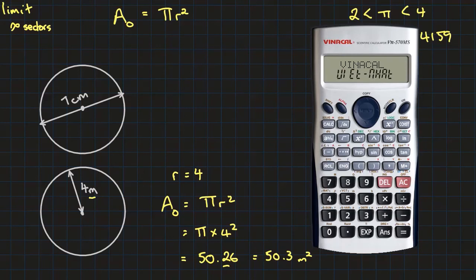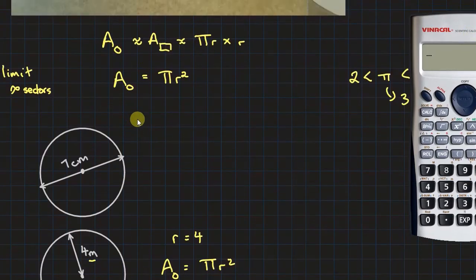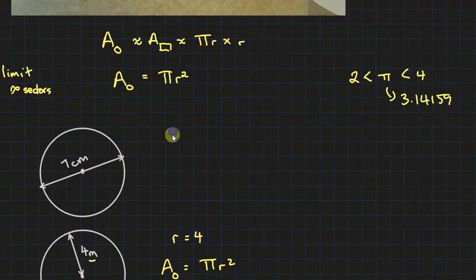Oh, actually, I need to turn it on because we need to do the next calculation because I skipped one. So we're going to go back to this one. And the question is, what have I been given here? Oh, this time I've been given a diameter. So the diameter of my circle is 7 centimeters. Well, my formula for a circle is in terms of radius. So I change the diameters to radii.